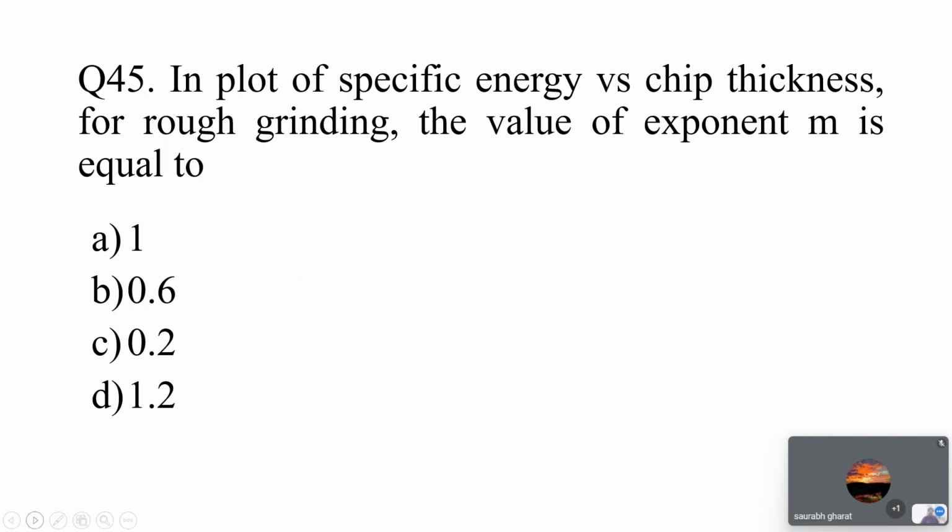In a plot of specific energy versus chip thickness for rough grinding, the value of exponent m is equal to what? You know that there is a plot like this, and this is the slope.